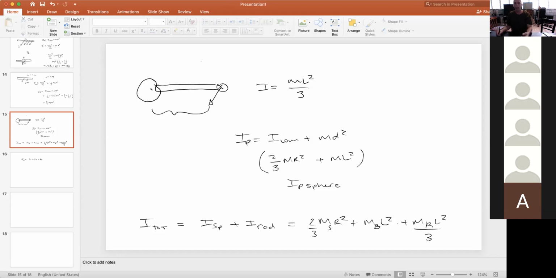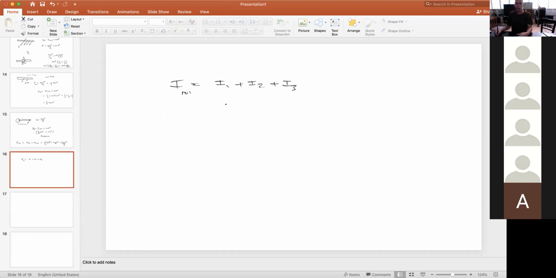Use the parallel axis theorem to shift that moment of inertia to about the axis, and then add them both together, the rod and the sphere. So here we had I of the sphere plus I of the rod. So that's all good.